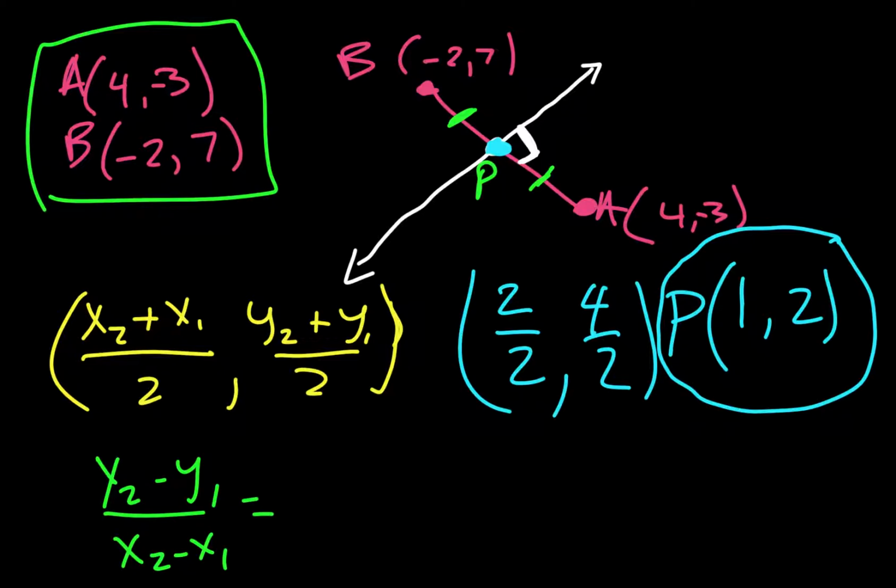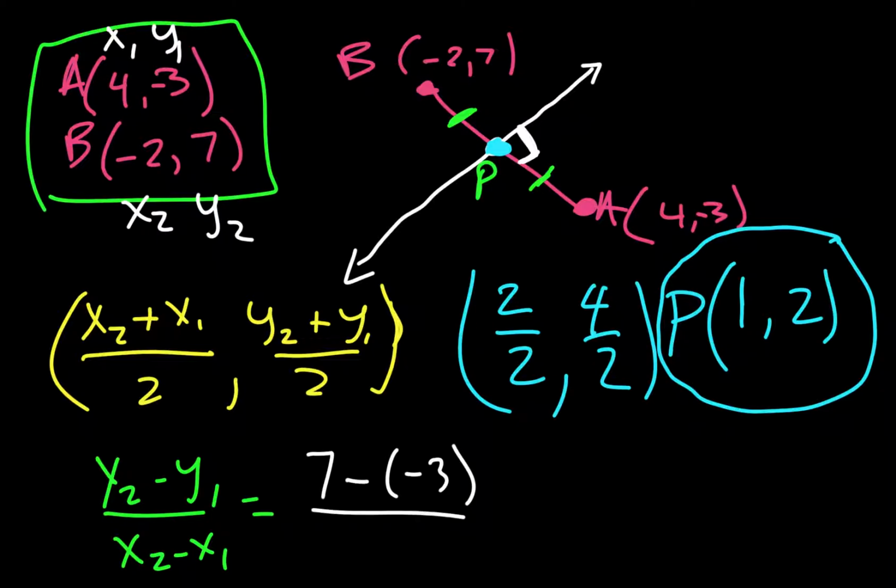And we plug those in, so I'm going to call this x1, y1, x2, y2. So we start with y2, which is 7. Then we subtract y1, which is negative 3. And then we take x2, which is negative 2. And we subtract x1, which is 4.